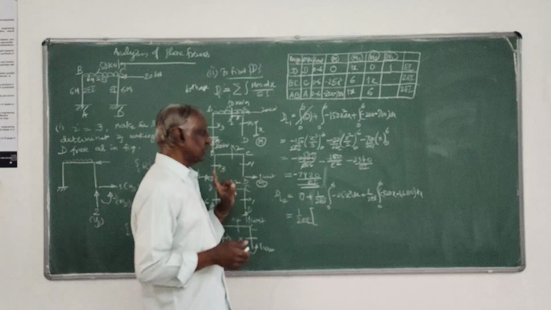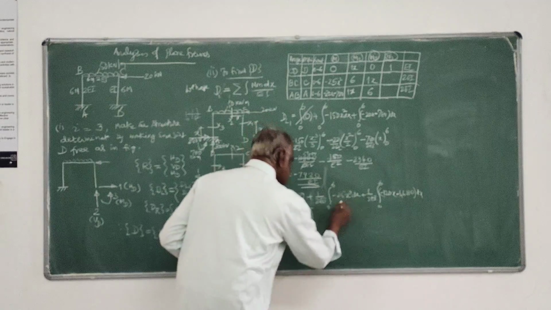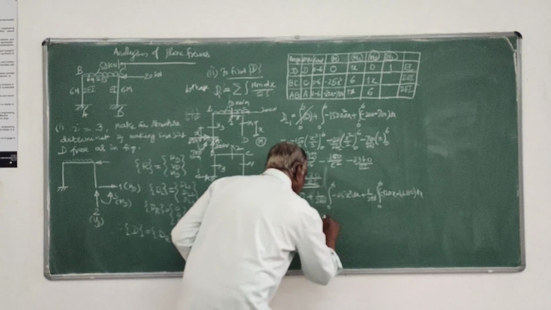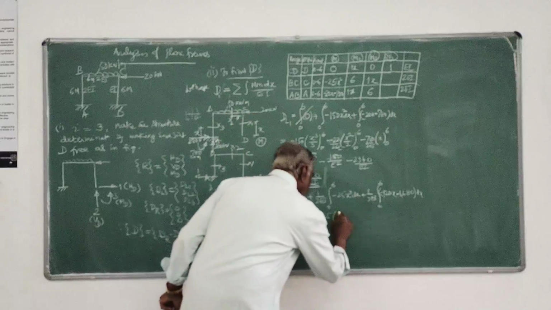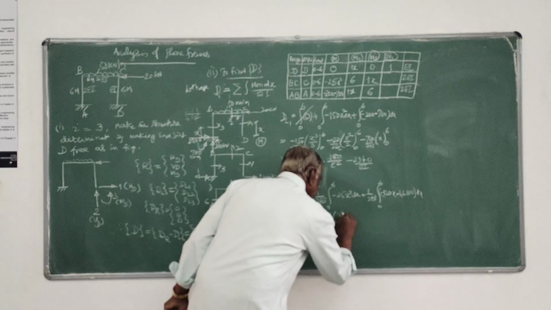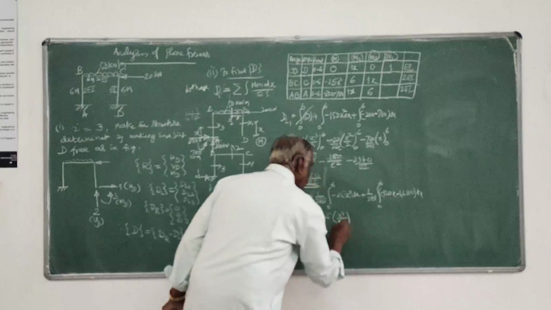So this is 1 over 2EI. Then this is minus 25 into the integral of x cubed dx, it is x to the 4 by 4.